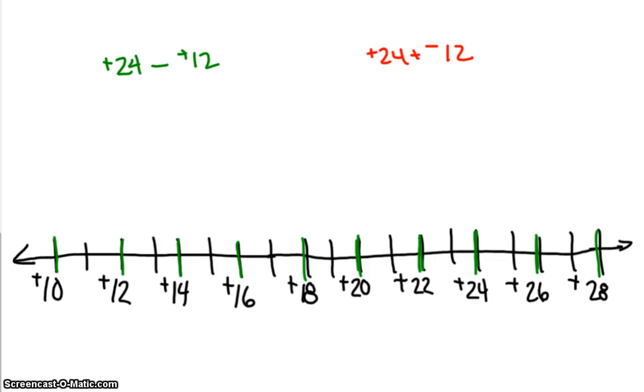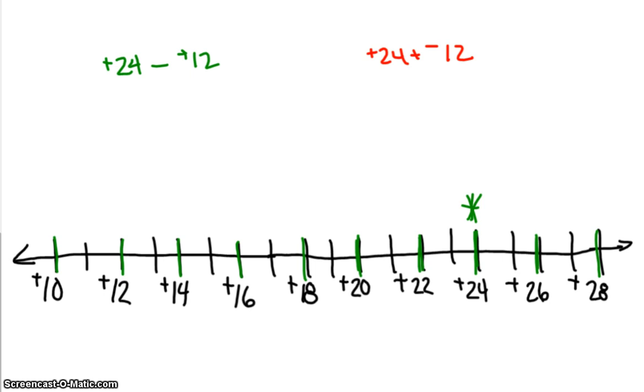Okay, so let's take a look at the first one, the positive 24 minus a positive 12. So that means that we would start over here at positive 24. And we are subtracting a positive. That means I am moving to the left a positive value. So these are positive numbers. We're moving to the left. Subtracting means our answer will get smaller.